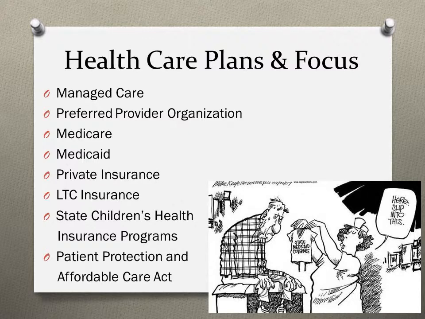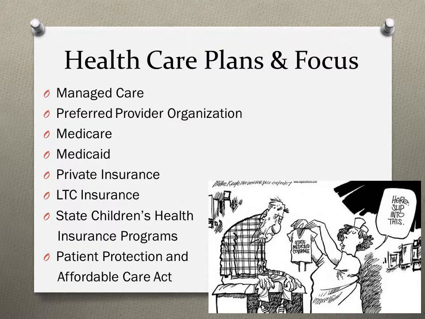Managed care is preventative and maintenance care to contracted groups or organizations. A preferred provider organization, you have to use a provider on a provided list. Medicare is a national health insurance for those clients over age 65.